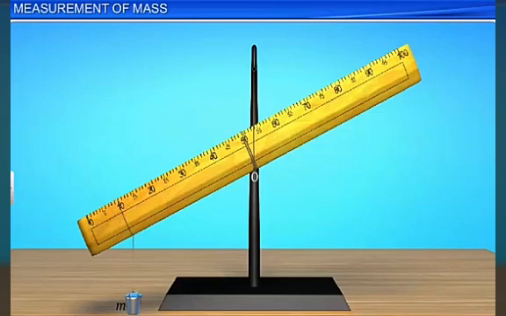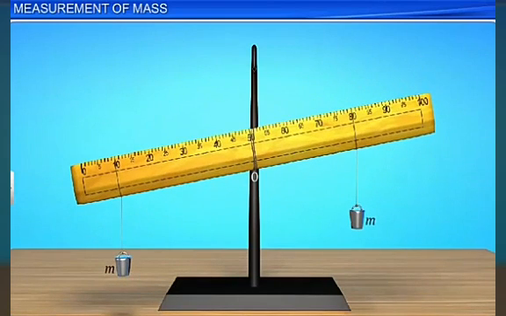Now take another identical body of the same mass M and suspend it on the right side of the scale at some distance from the center, say at the 80 centimeter mark, such that the scale slowly changes its orientation.